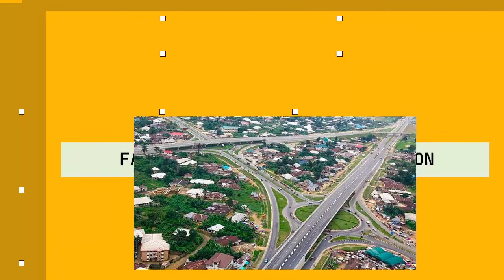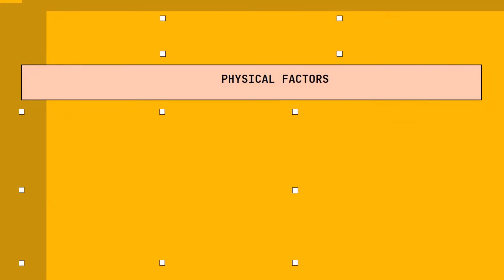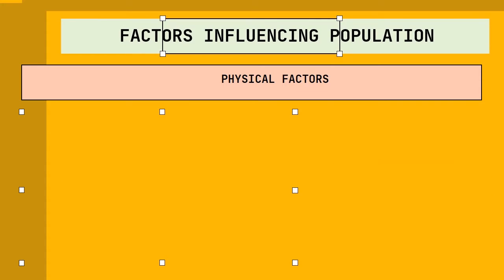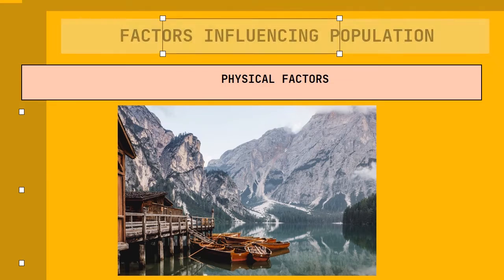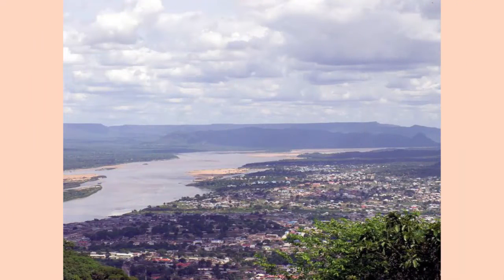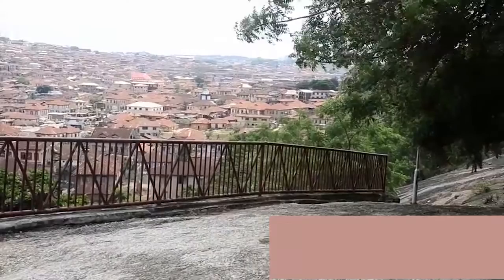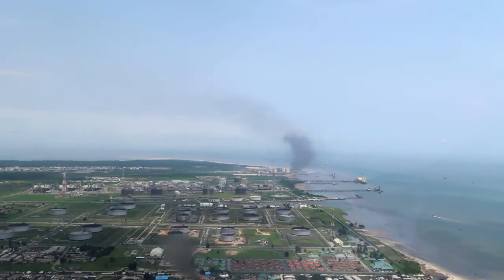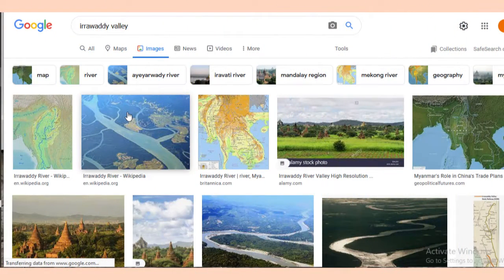Factors that determine the population size, density, or other variables in a country are: 1. Physical factors. Such physical factors can be edaphic, like when we talk about the structure of the land or the soil. Valleys, plains, and areas that have alluvial soil or fertile soil, like Irrawaddy Valley and others, are very populated.